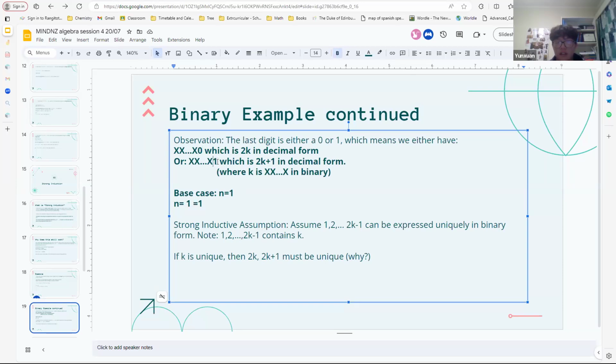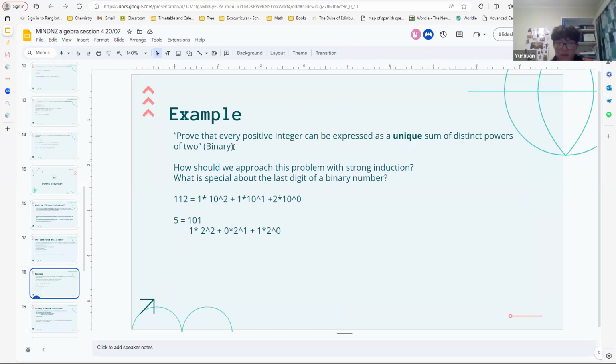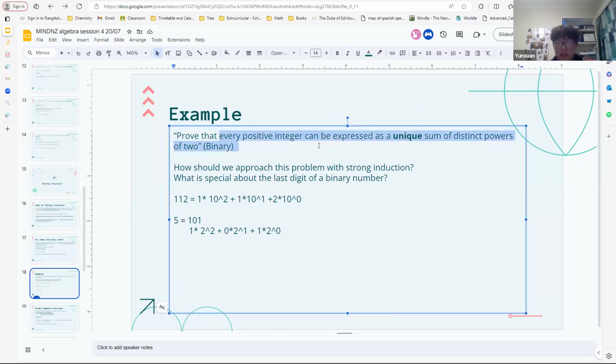Does everyone understand? Which means by using 1, 2, all the way to 2k minus 1, we can get 2k and 2k plus 1. But is this sufficient to prove the problem, that every positive number can be expressed as a unique sum of distinct powers of 2?